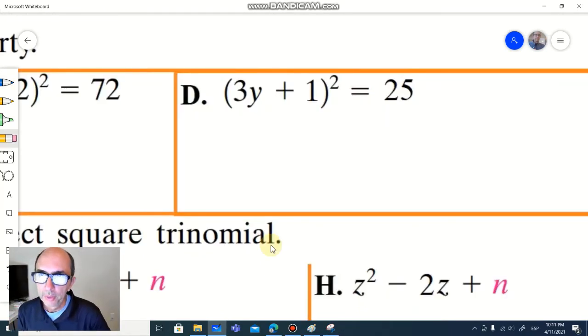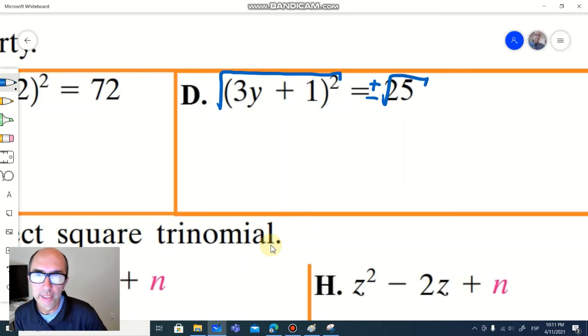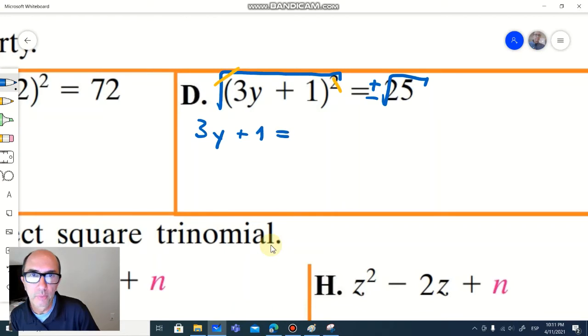So you apply square root on both sides, but remember on the other side is the positive or negative square root, like this. Now we can simplify this, right? And have 3y plus 1 equals plus or minus the square root of 25, which is 5.